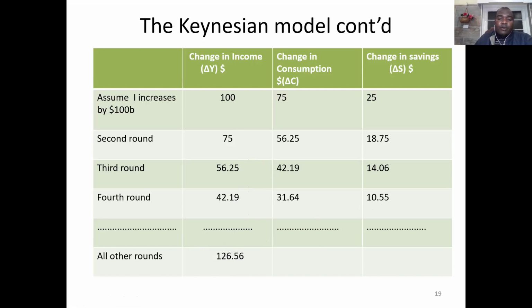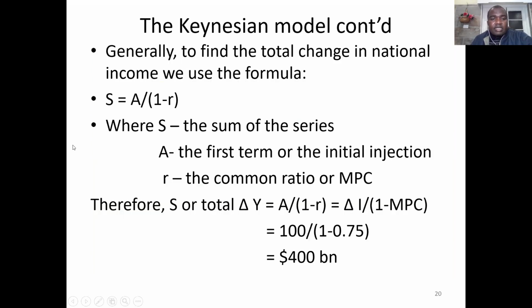This kind of progression or process is called an infinite geometric series. And under infinite geometric series, this one is a convergent, not a divergent, geometric series. So we use the formula for summing such a series, which is presented on slide number 20. Generally, the total change in national income is found by using the following formula for summing an infinite geometric series, which is convergent.